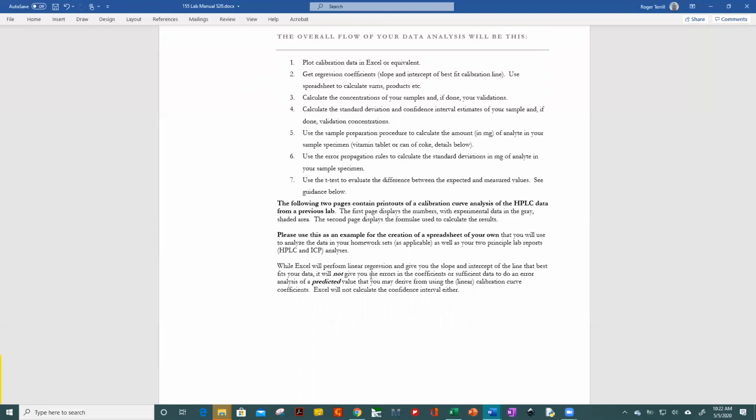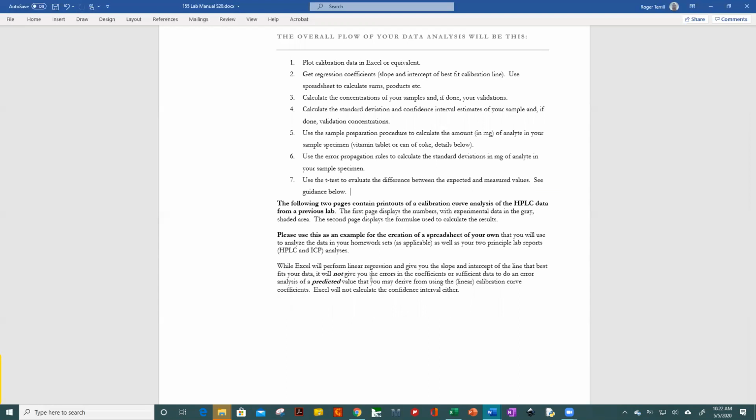But if your answer is going to be 20 plus or minus 15, you could say, oh, I got 35 with 95% confidence. You can say there's no difference within error, but the error is humongous.